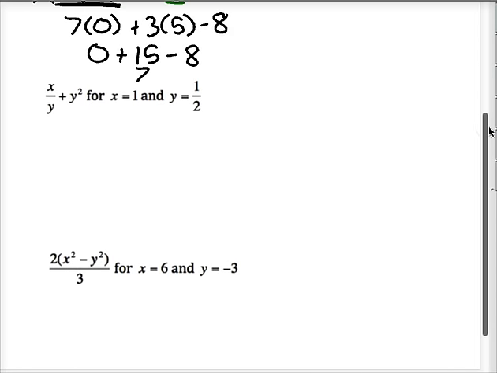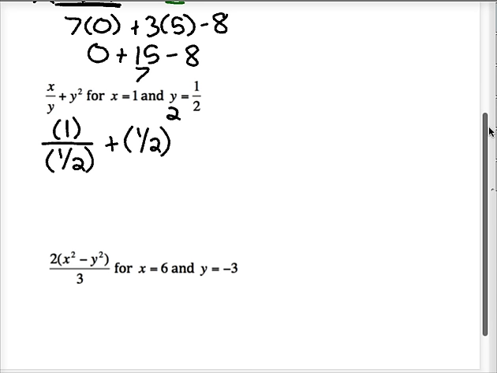All right, let's try our next one. x over y plus y squared, and we're going to have x equal 1 and y equal 1/2. So again, it may seem silly at the moment, but I really want you to carefully put in those parentheses. I have all those in, and now I start thinking order of operations.